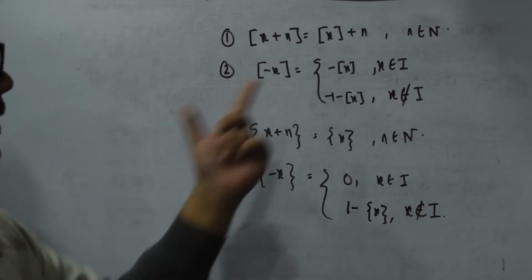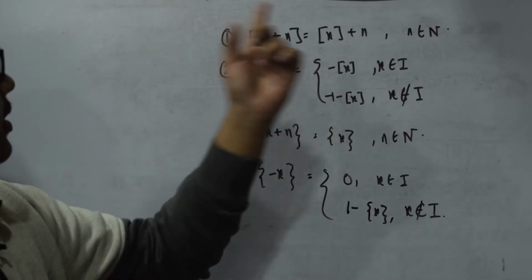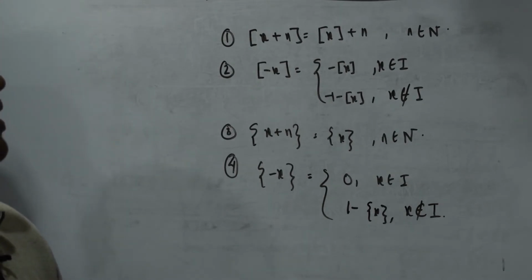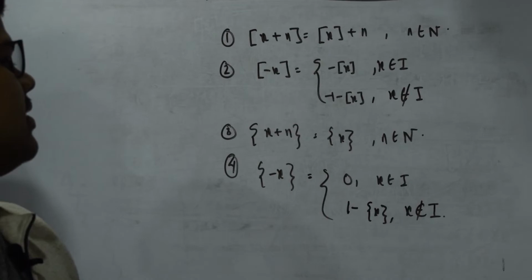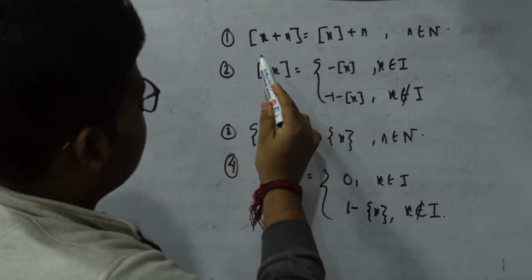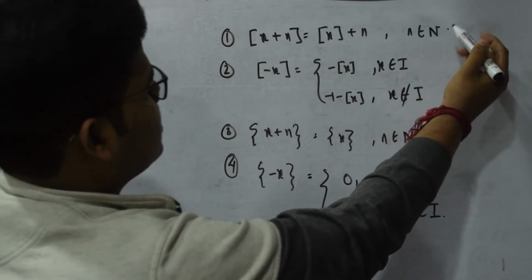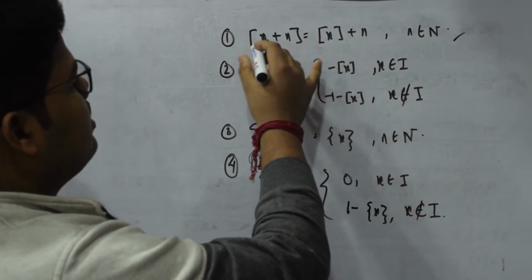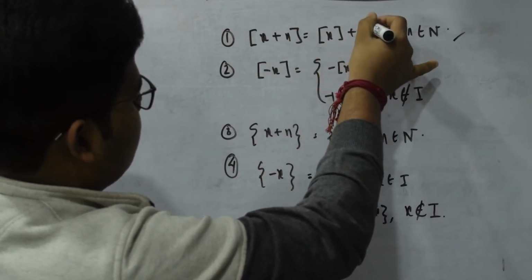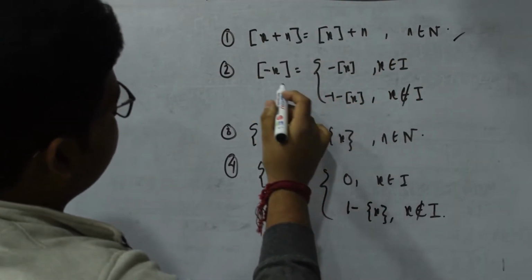Guys, just quickly note these properties. These are really important, and although we are discussing graphs, we must know these properties. Let me tell you these once more. If n belongs to natural numbers and it's added to the greatest integer function of x, this n just comes out of the GIF.